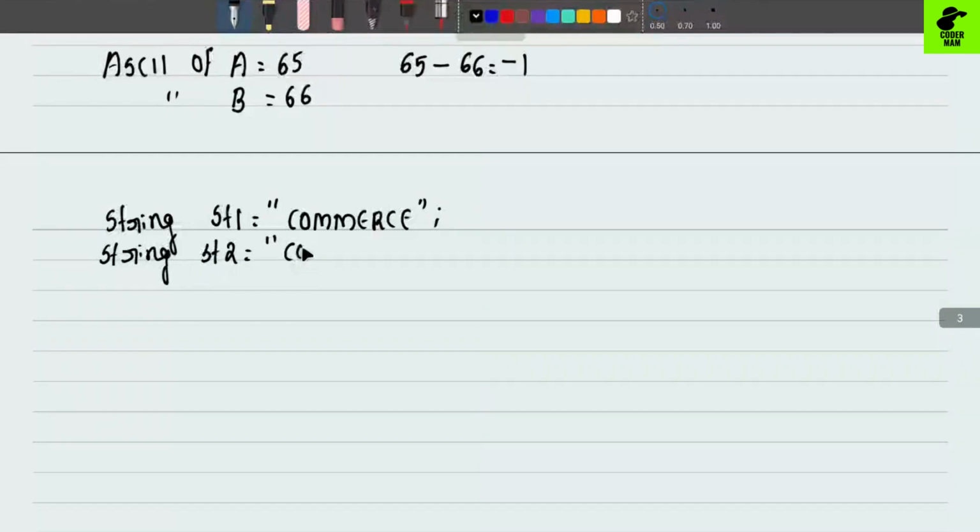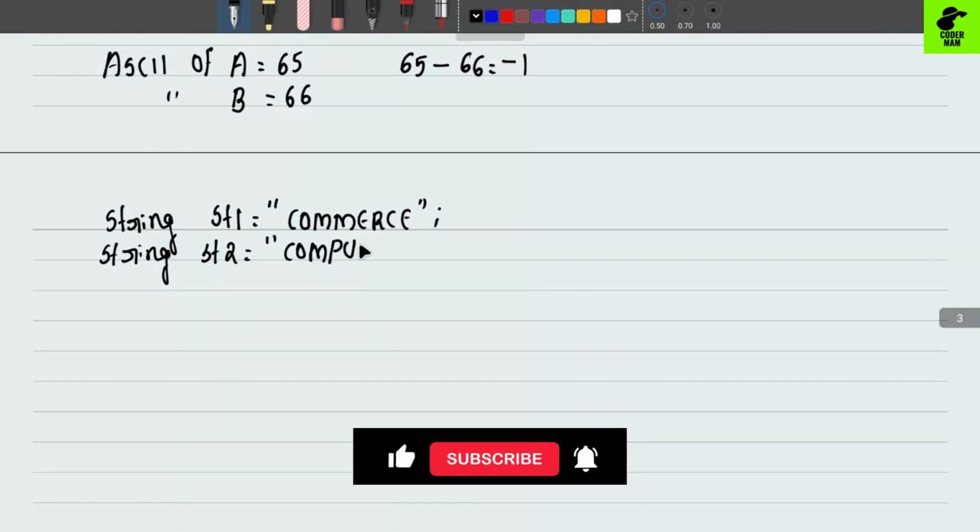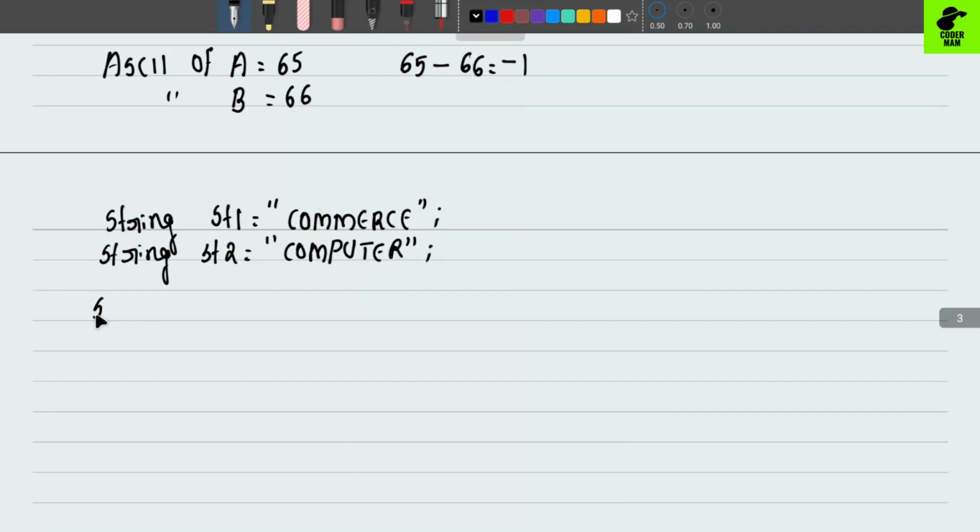Okay, so what is the difference? How will we compare it? System.out.println st1.compareTo(st2). How to do this?